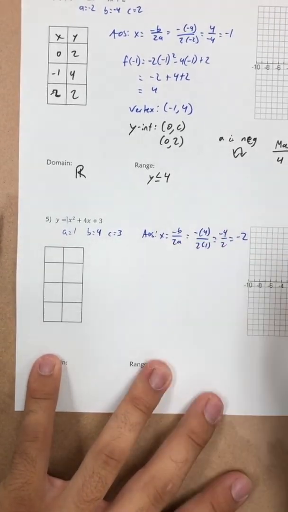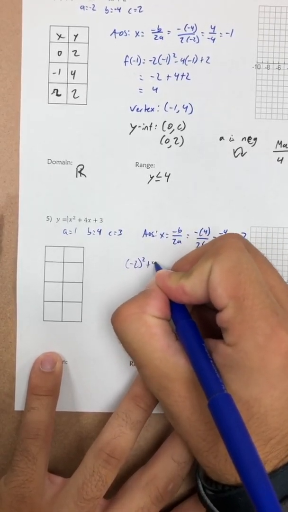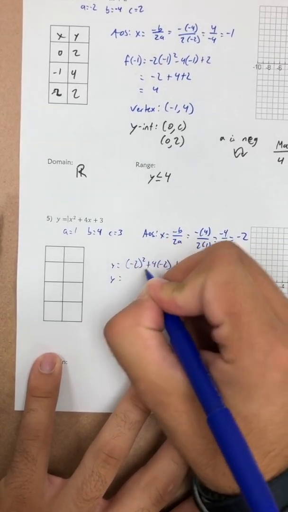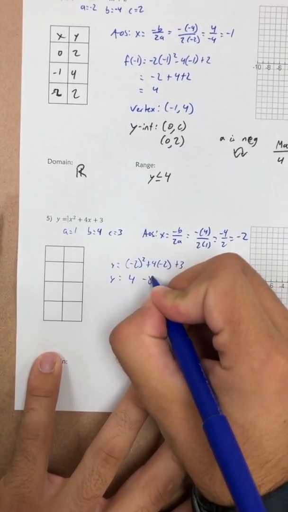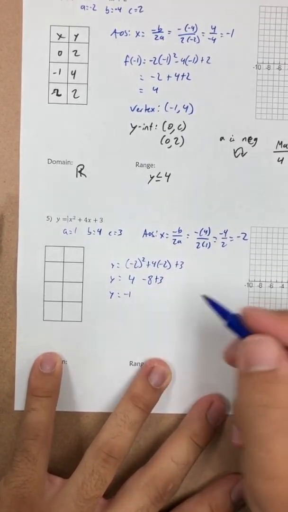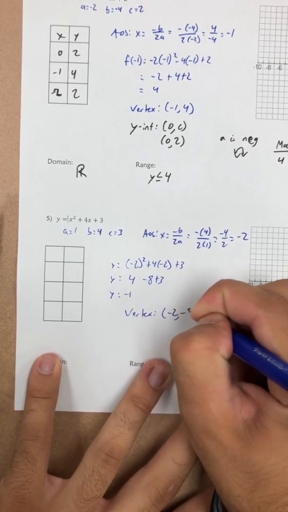To find my y value of the vertex, I just plug it in. So -2 squared plus 4 times -2 plus 3. -2 squared is 4, minus 8 plus 3. This would be -1. So my vertex is -2, -1.